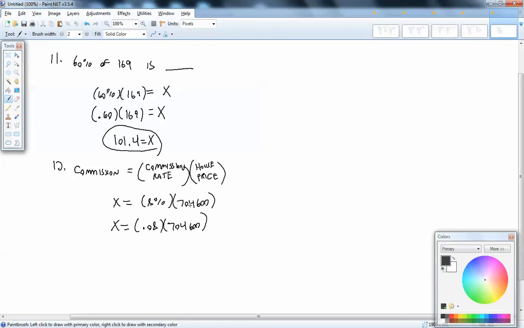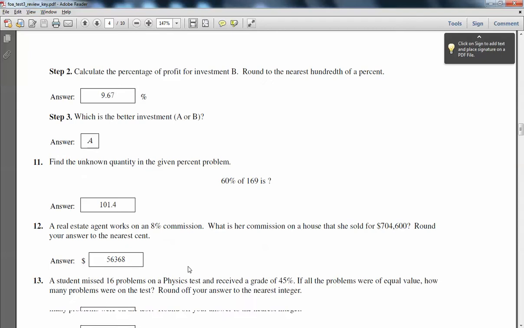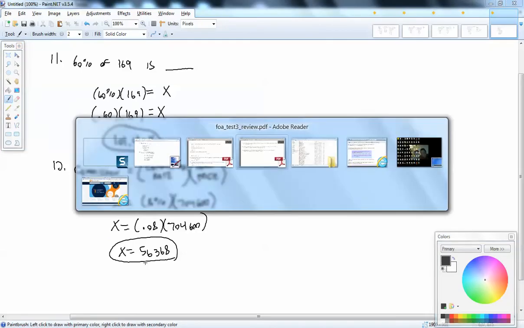So we've got 0.08 times 704,600, which gives us the commission will be 56,368. Okay, so far so good.